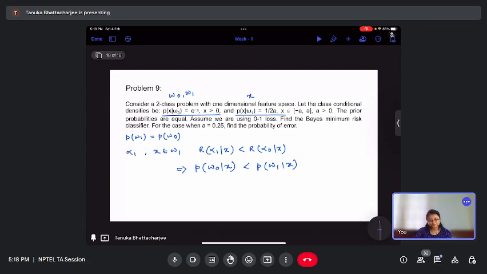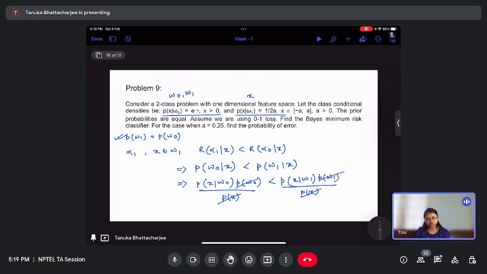So, now again you will have to go to the class conditional densities. If you go there, the inequality becomes, we simply cancel out p(x), and we were also given the condition that probability of omega 1 equals probability of omega 0.